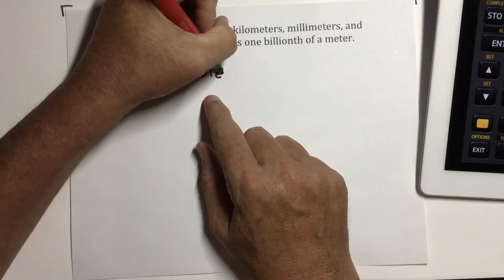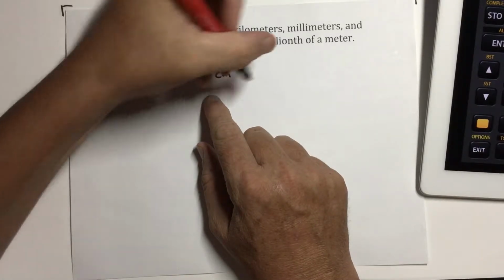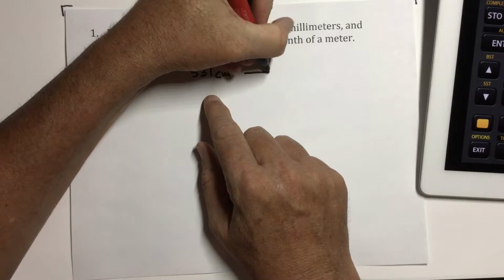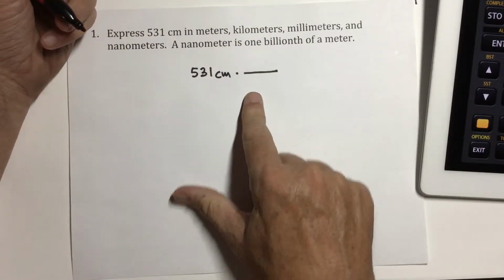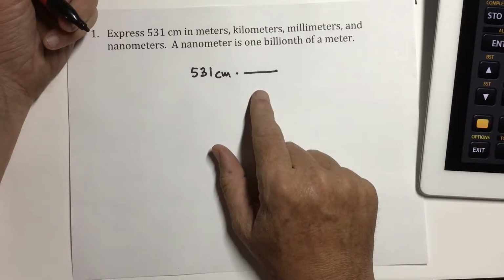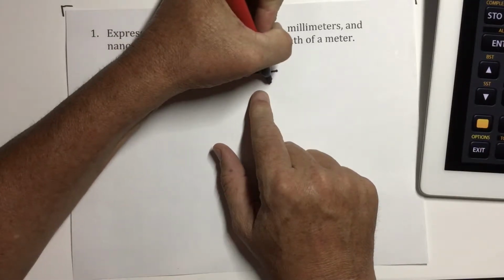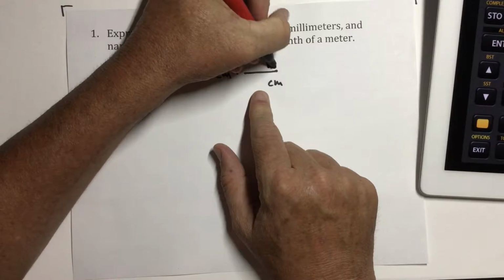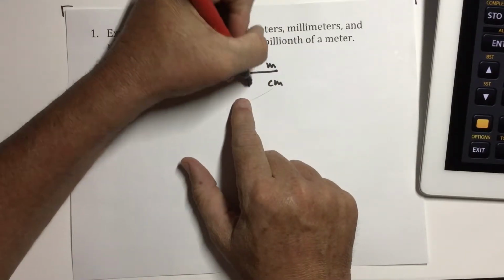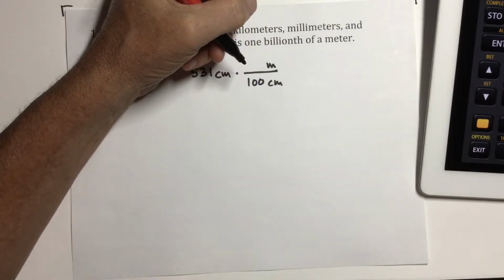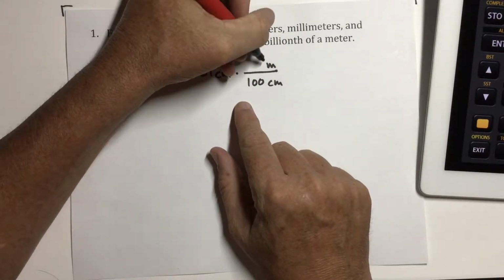531 centimeters into meters. Well, I start with what I know, what I'm working with, and I set up a conversion factor. I want centimeters on the bottom and meters on the top, and I know that there are 100 centimeters in 1 meter.